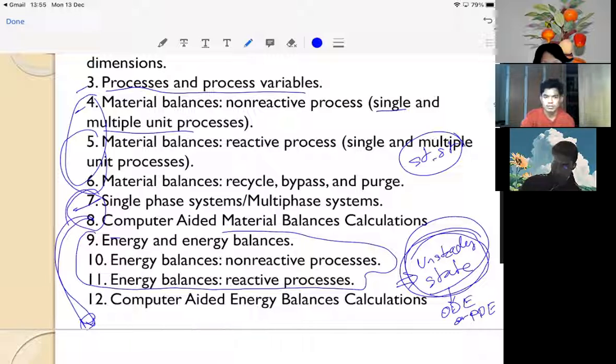But for input, output, generation and consumption only, we consider the algebraic equation. You may solve with matrices only, not ODE. If you consider the unsteady state, you will solve by ODE technique or PDE technique. But for this class, it's only basic ODE. I will show you only the basic ODE.